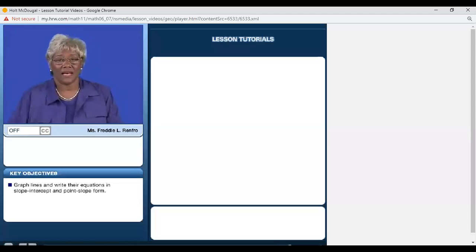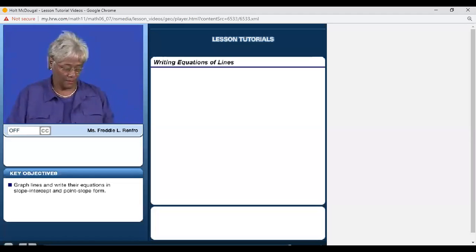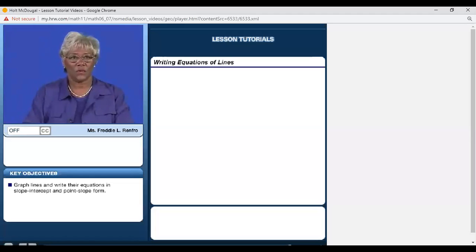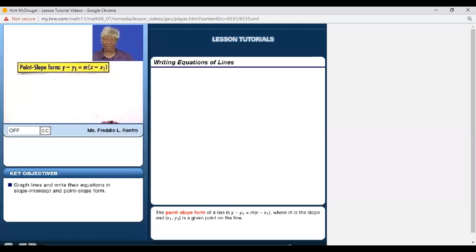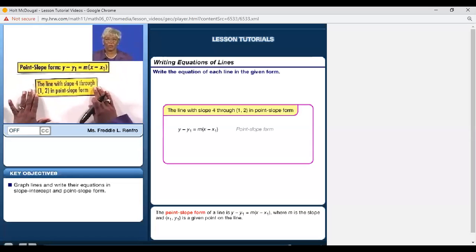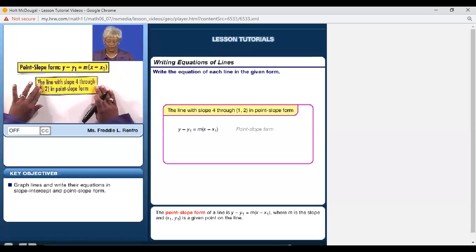The equation of a line can be written in different forms. Here's one form, and it's called the point slope form. Let's do this problem. We're being asked to write the equation of a line with slope 4 through point 1, 2 in the point slope form.